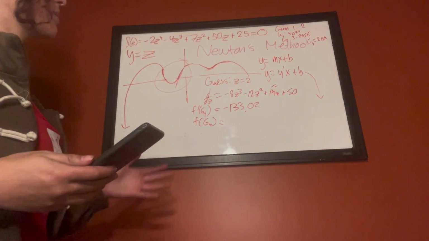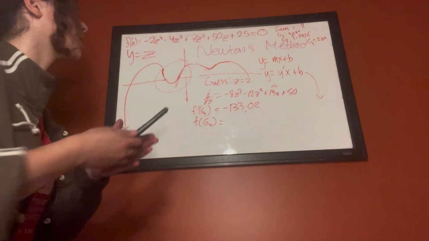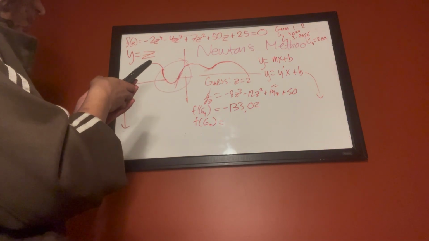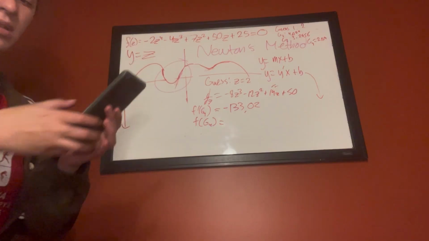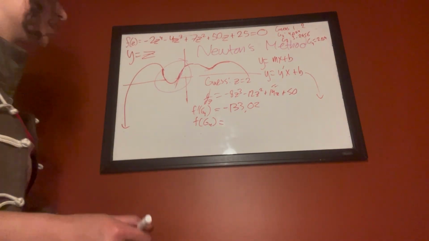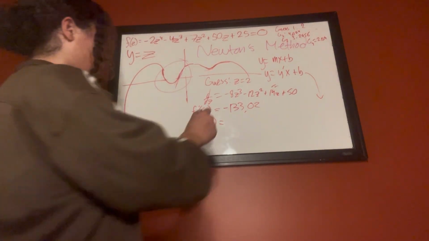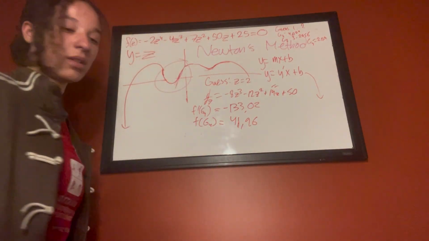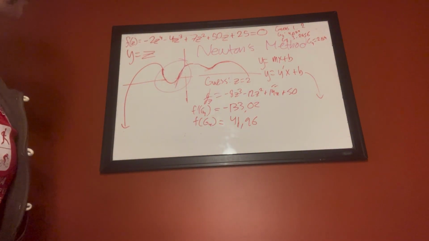My nightmare right now is that my calculator tells me there was a typing error. Plus 50 times 2.59 plus 25. We have f is equal to 41.96. Oh goodness. That does not give me hope either.